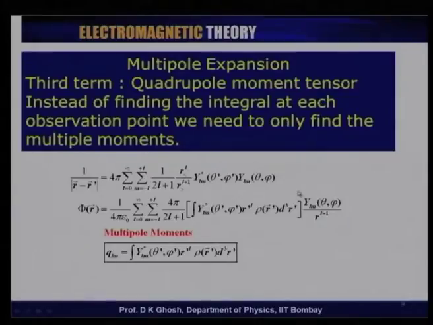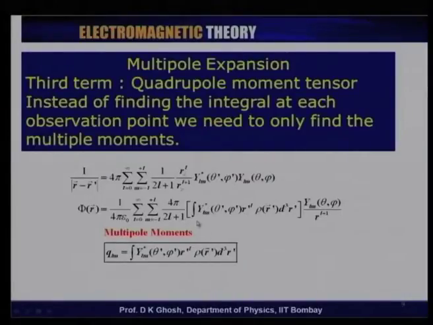Now, what we have done is to write down the potential phi of r in terms of this expansion. So, if you remember, the potential has, other than 1 over 4 pi epsilon 0, simply a rho of r prime factor.